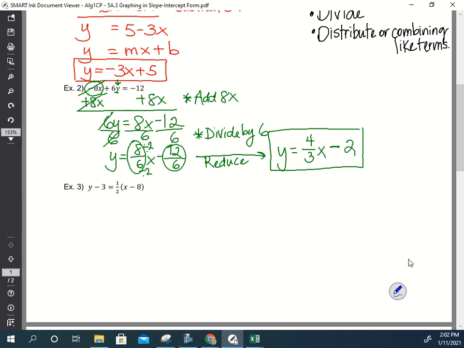So example 3, we got y minus 3 equals 1/2 parentheses x minus 8. So I need it to look like y equals mx plus b. I know that y equals mx plus b doesn't have parentheses in it. So what could I do with this 1/2 with those parentheses? This becomes a distributive property.